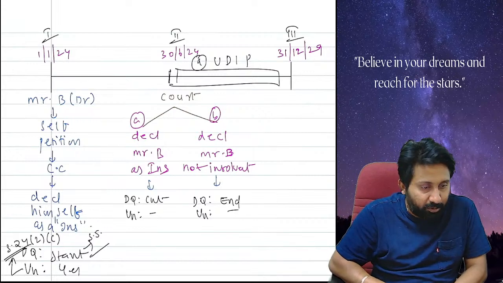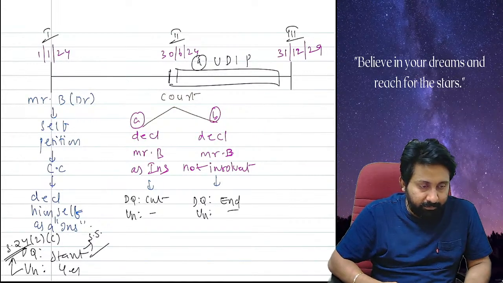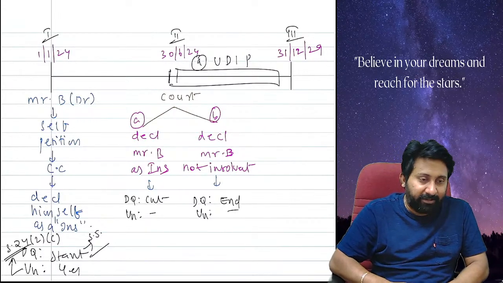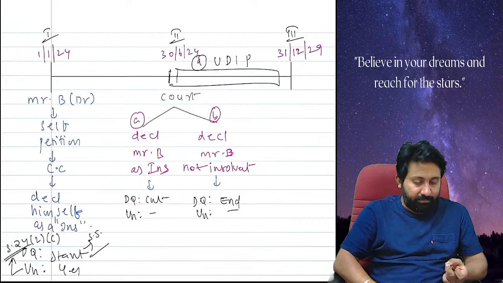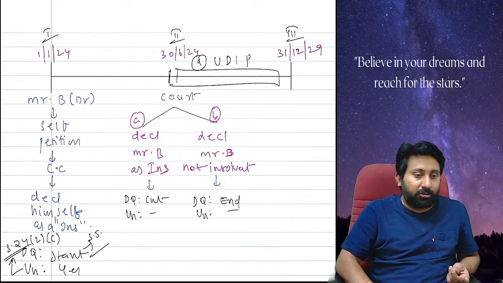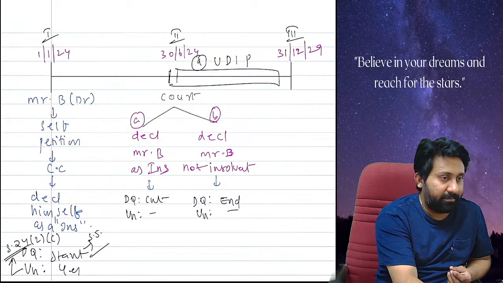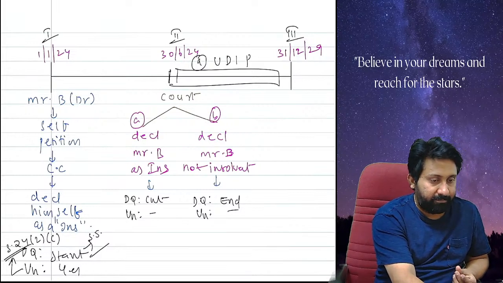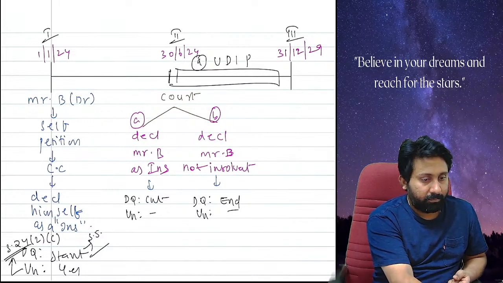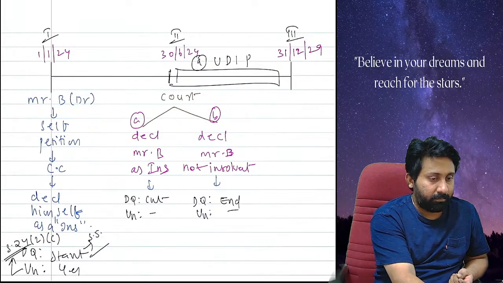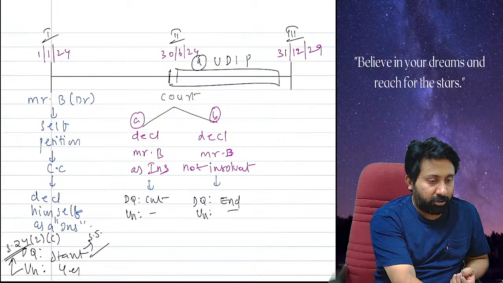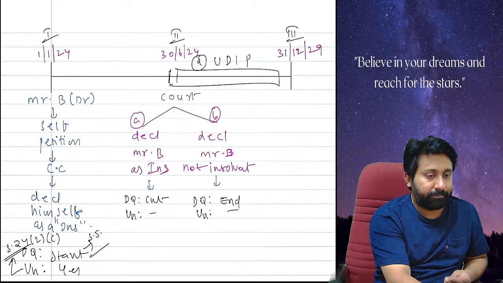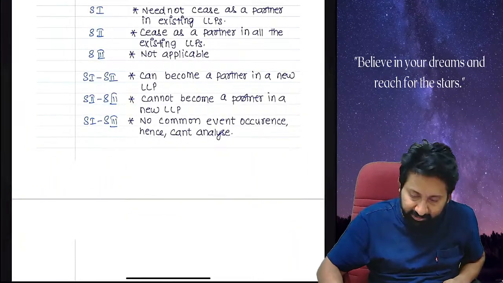Adjudicated, adjudged, both are same. Both mean verdicted, judgment. Adjudicated and adjudged give the same meaning. You will reply, everyone. Understood the concept clearly? Okay. Now see the screen.